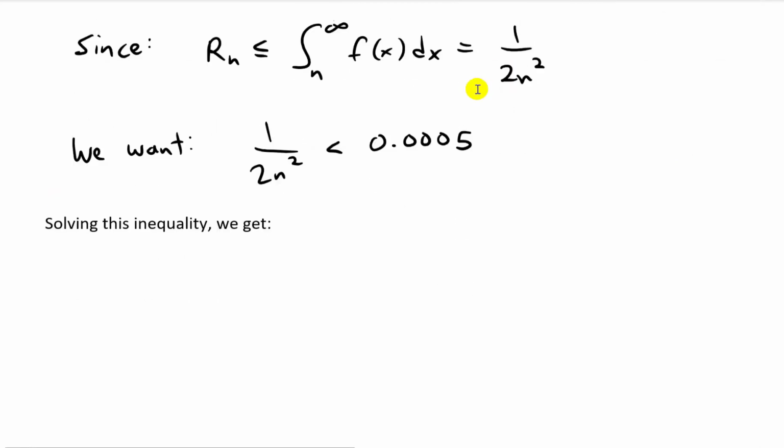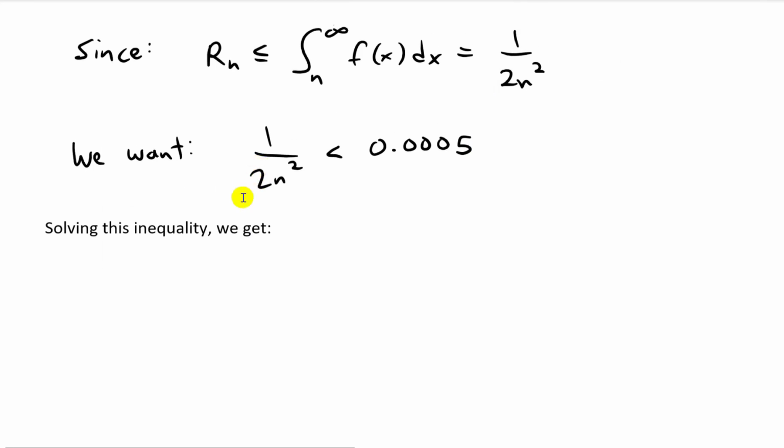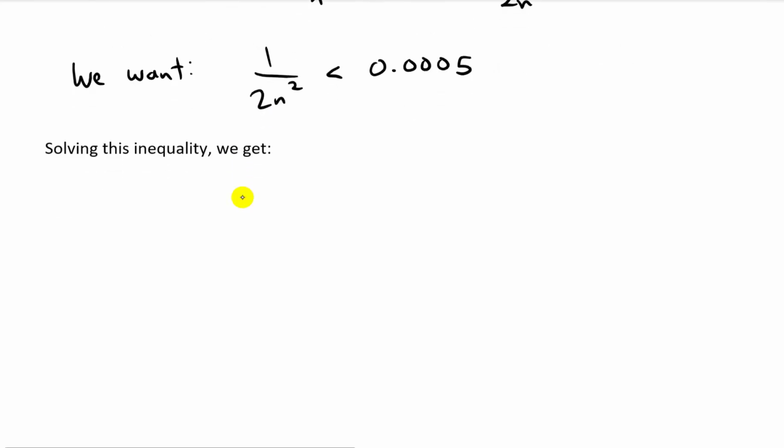Solving this inequality, we can move the 2 over to the other side first of all. So we get 1 over n squared is less than 2 times 0.0005, and when we multiply that out, 5 times 2 is 10.